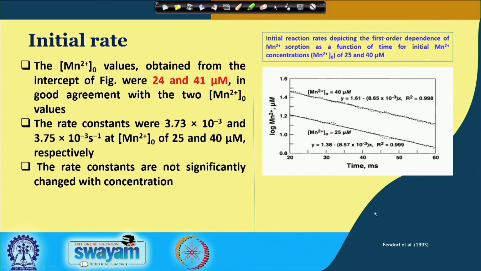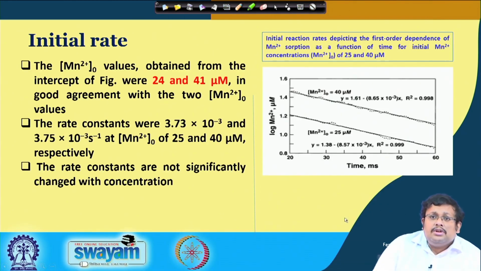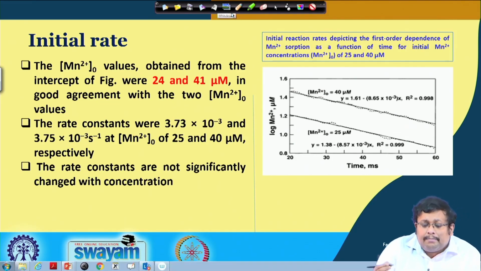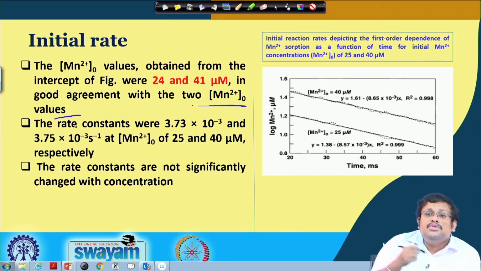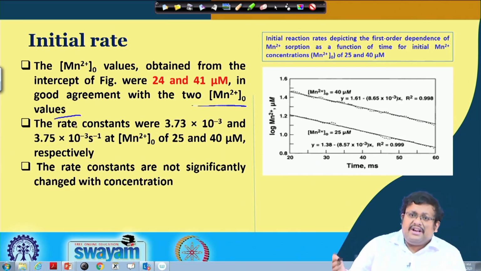Now, the Mn2 initial values obtained from the intercept of this figure are 24 and 41 micromolar, which is in very good agreement with the two initial values we assumed, 25 and 40.